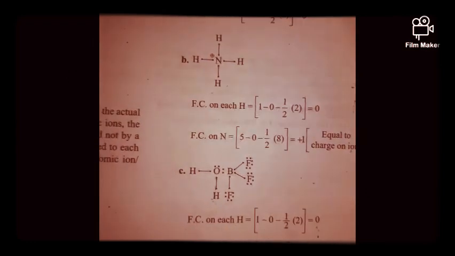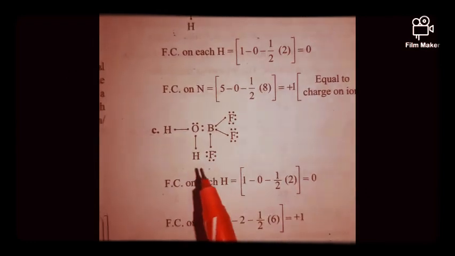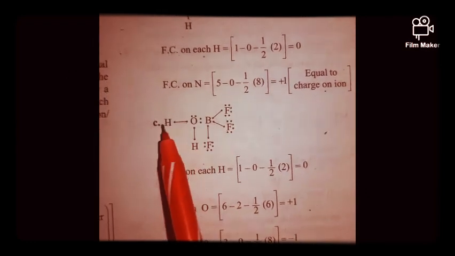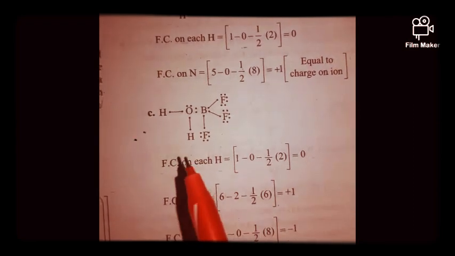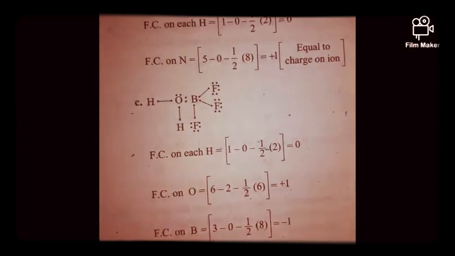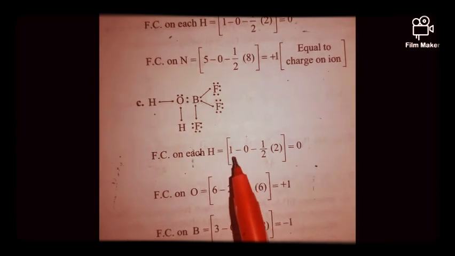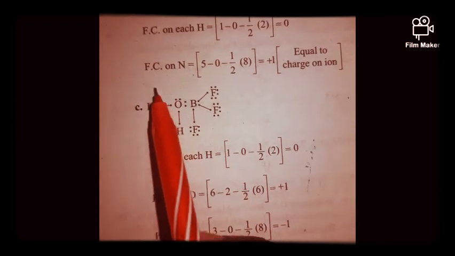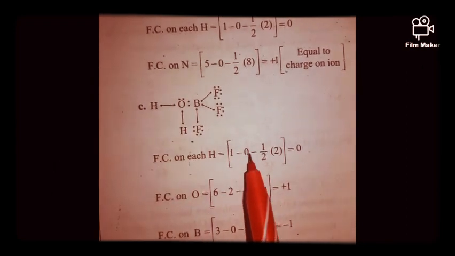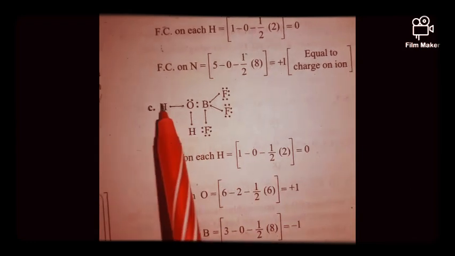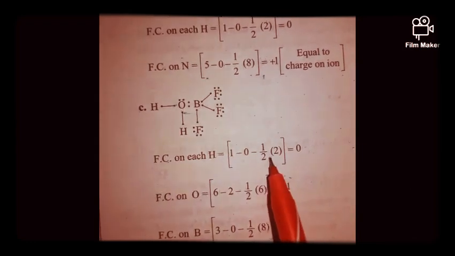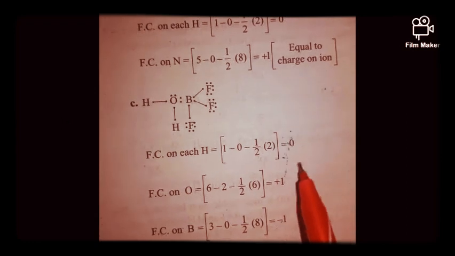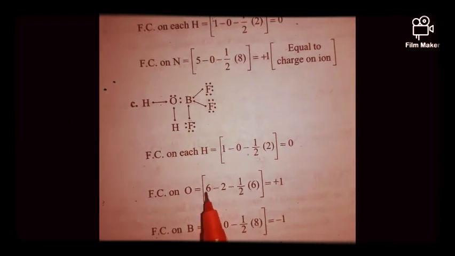Next, friends, here H2O with BF3. First, the formal charge on hydrogen. We know the group number of hydrogen is 1, minus the number of non-bonding electrons 0, so 1 minus 0 minus half into bonding electrons. One bond means 2 electrons. If we solve this we will get 0. Next, the formal charge on oxygen.